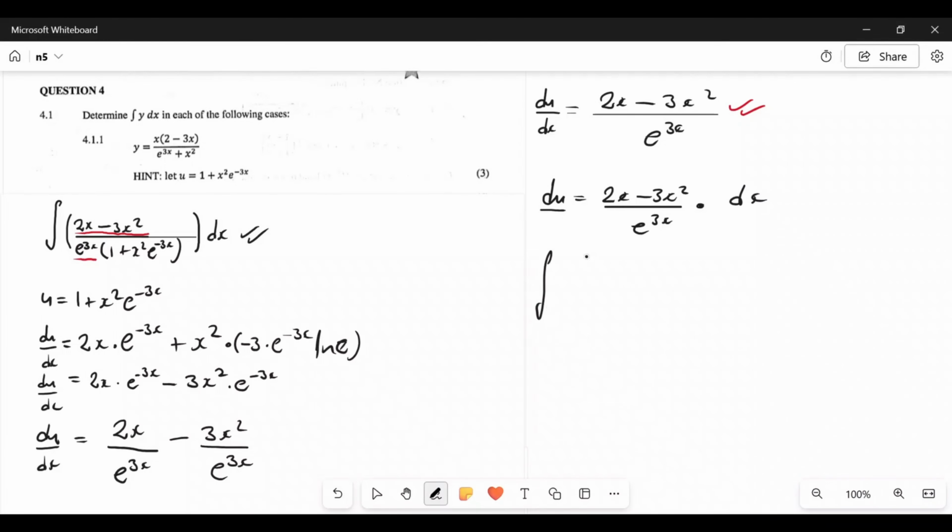Now, if we set sigma, let me rewrite it in a way that can be easy for us to substitute. Open bracket, 1 over 1 plus x squared e to the power of 3x, close bracket, multiply. Remember, we were left with what here? 2x minus 3x squared divided by e to the power of 3x multiplied by dx.